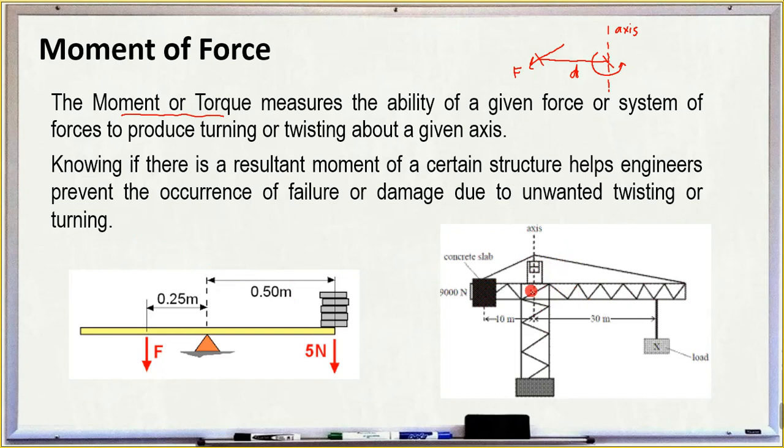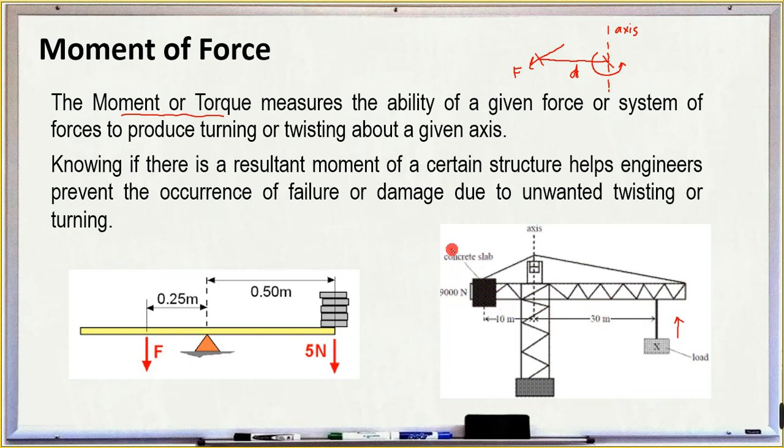So just like this one, we have here a crane. This is used to lift loads at very high elevation, especially in high-rise buildings. In order to raise a massive load, tons of it, we need this crane, and of course it needs a counterweight.